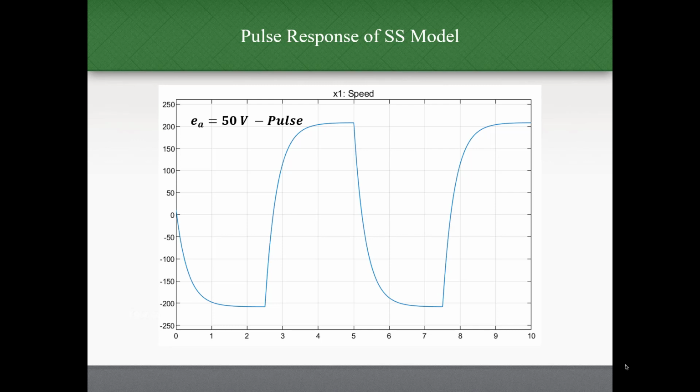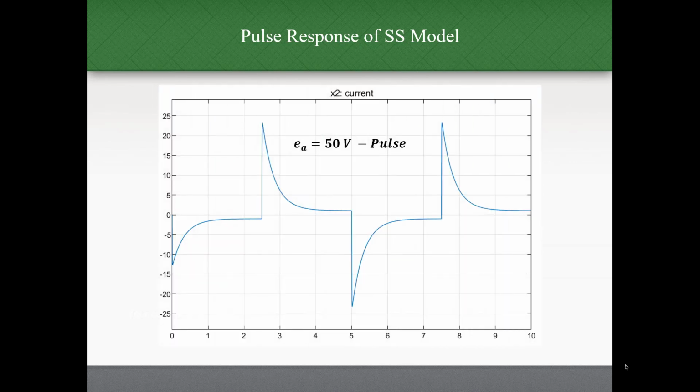Applying a 50 volt pulse signal into the voltage input of our model, we can see the speed and the current of the motor change as seen on the screen.